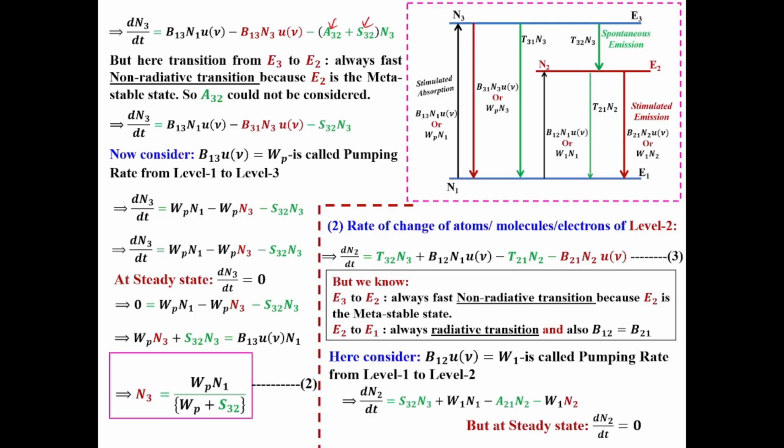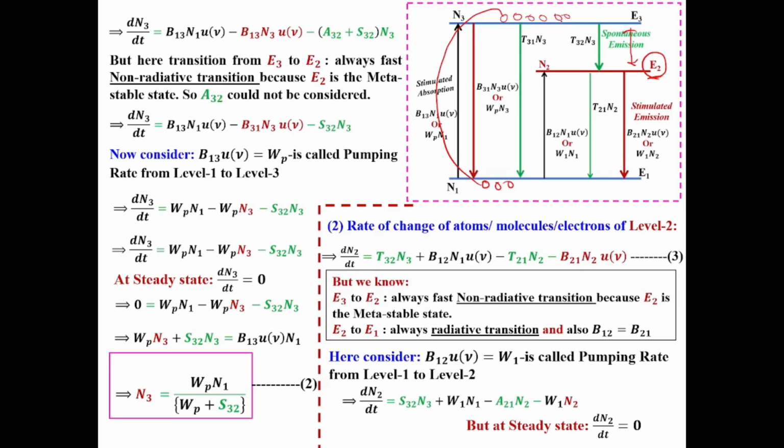But the transition from E3 to E2 is always non-radiative, because E2 is the metastable state, so A32 could not be considered. Here you can see level 2 is very close to E3. So whatever atoms are pumped to the upper energy level suddenly transit to this level by non-radiative transition.